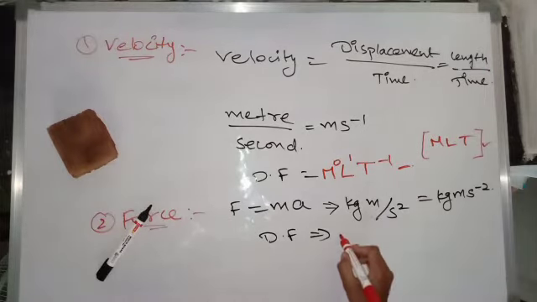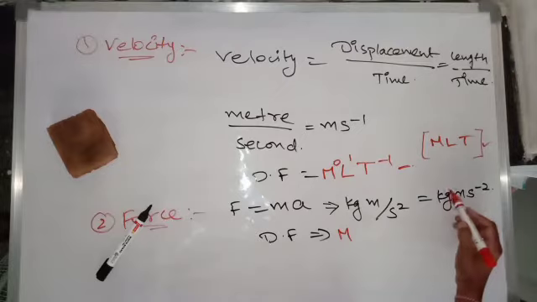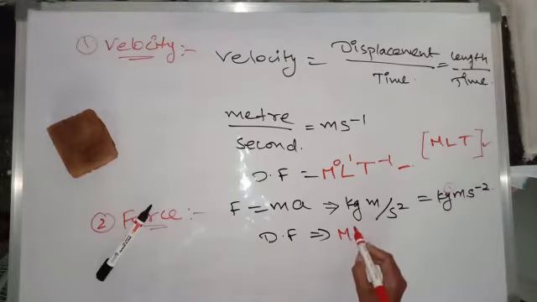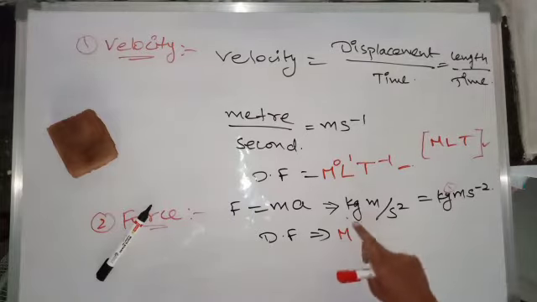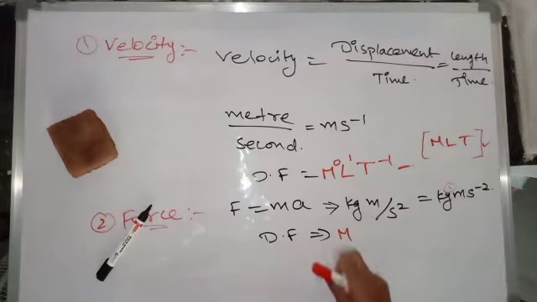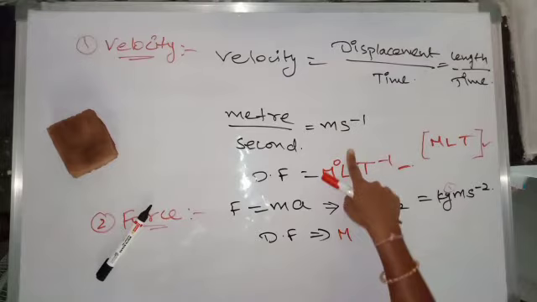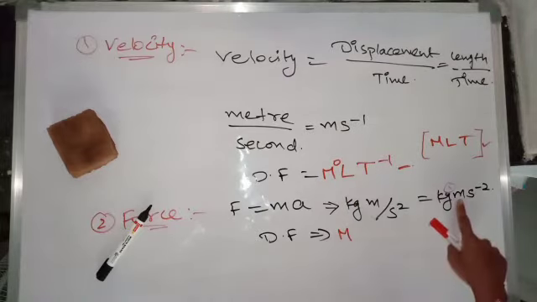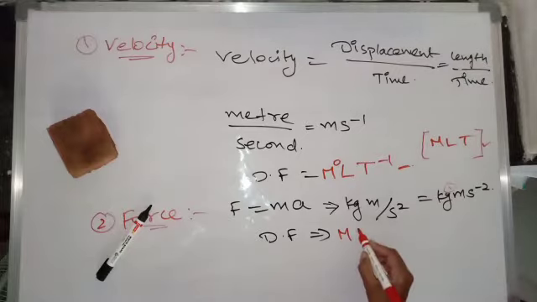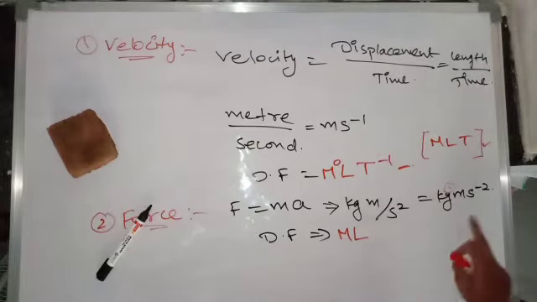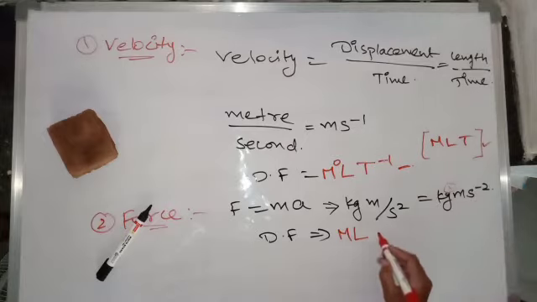You have mass power 1, so M power 1. No need to write power 1; if you write simply M, you know that there is a power 1. Now kg is mass, meter is length, so L power 1, and second is time, so T power minus 2.